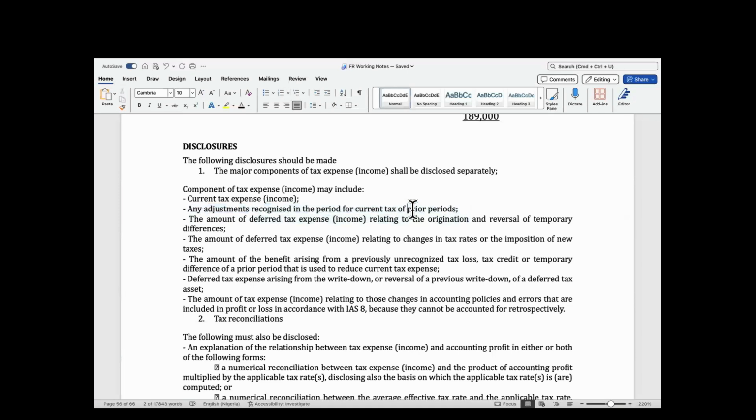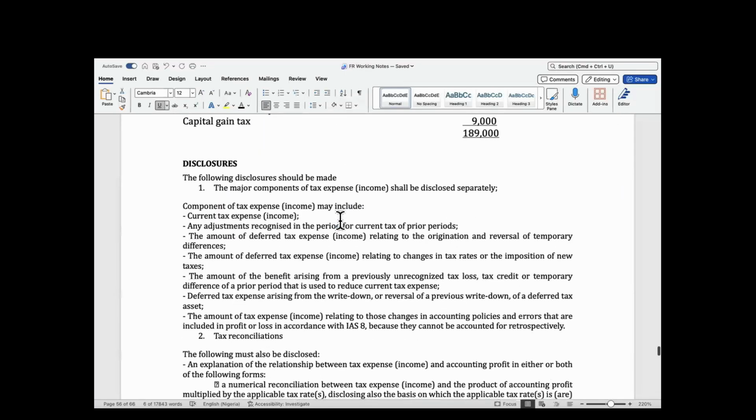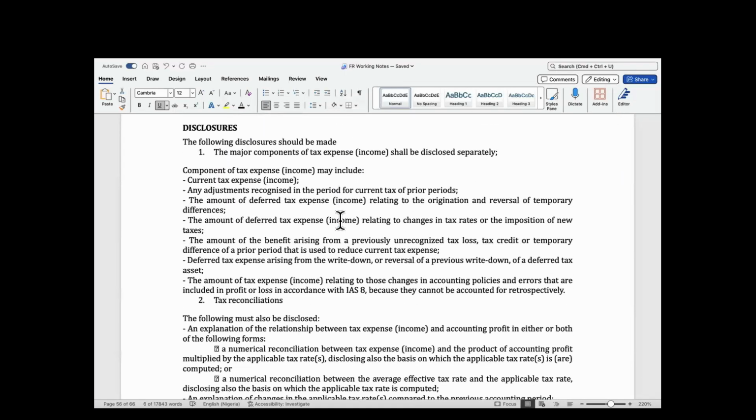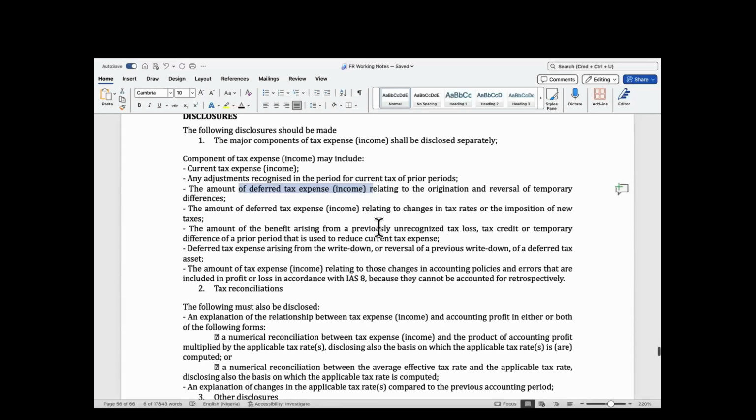Okay, for current tax of prior periods, those adjustments that I used to make, like this one I did for you for 2013. So if you know at least those three: current tax, adjustment for prior period, then deferred tax. Now, for deferred tax, you can break that one down into 3 or 4. Instead of saying deferred tax, you can say deferred tax originating from temporary difference, deferred tax originating from tax losses carried forward or unused tax credits.